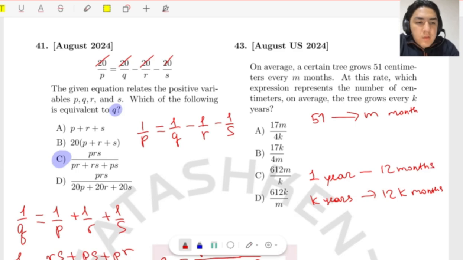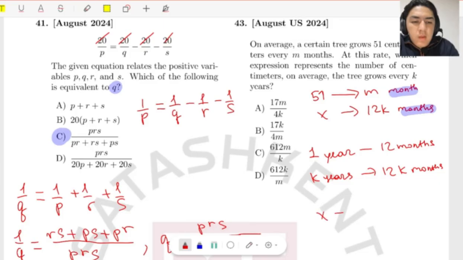And I will replace it now by 12k months. Now my units are the same, months, and this is x. If we find x now, we'll have 612k over m, and this is the option.